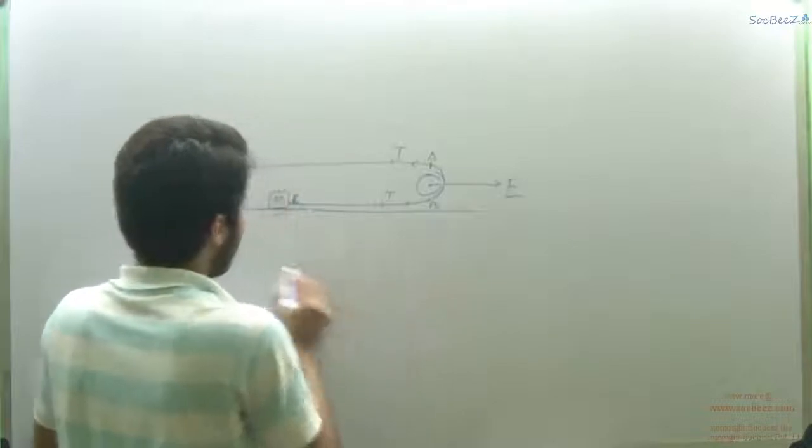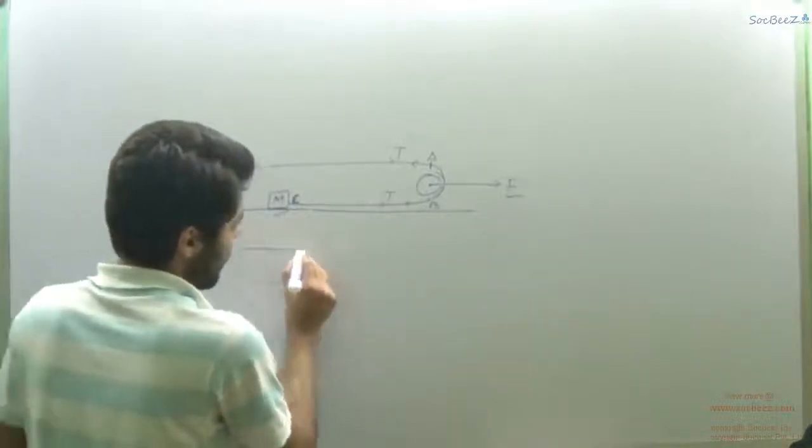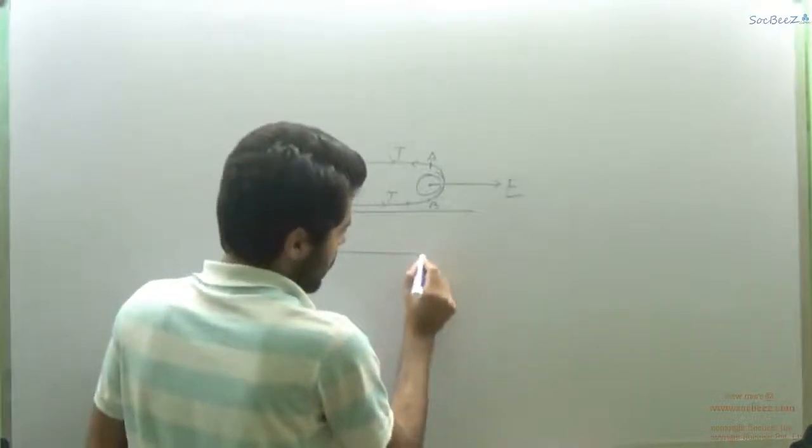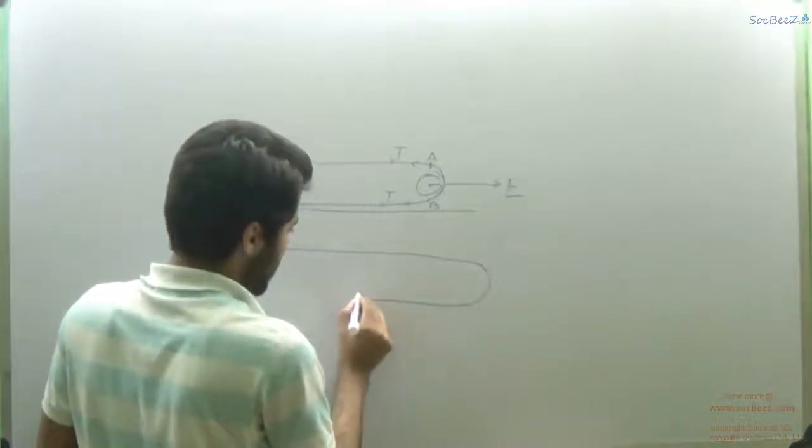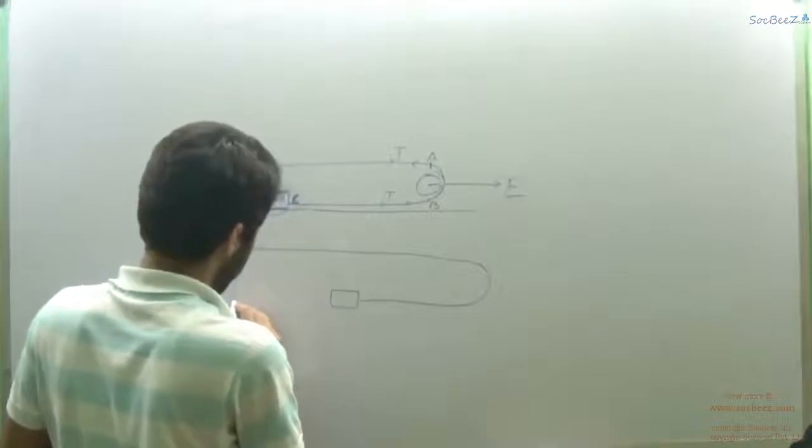Now suppose in the subsequent figure, the pulley moves this much distance and the block comes out to be here.